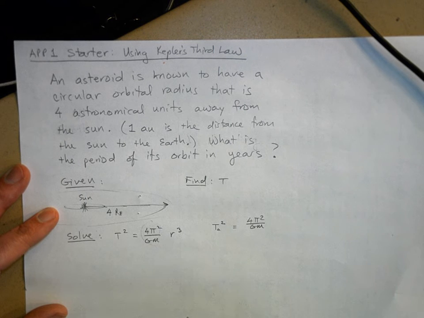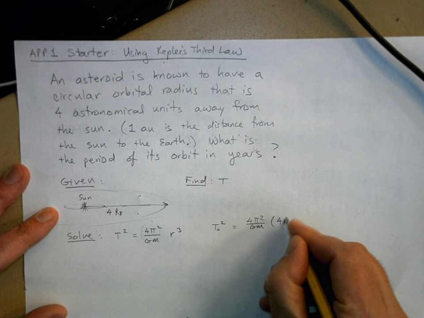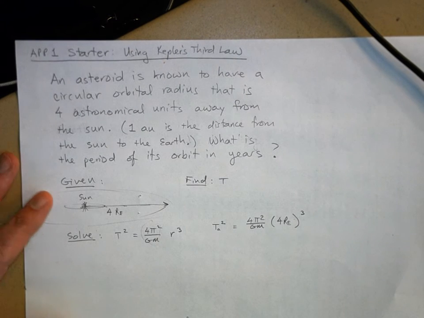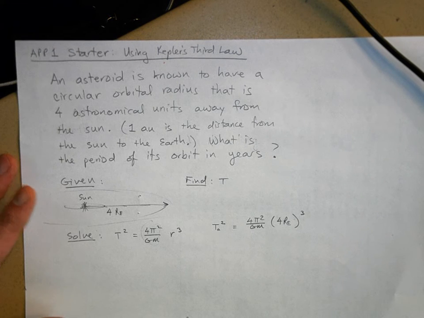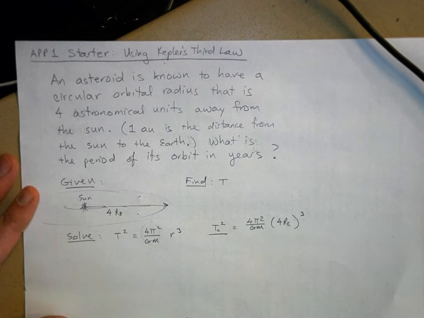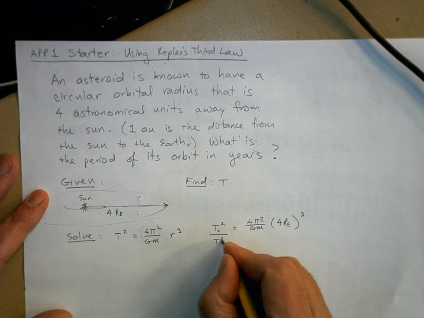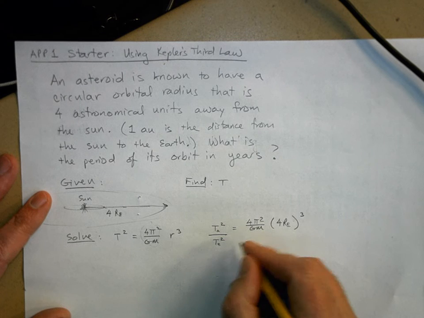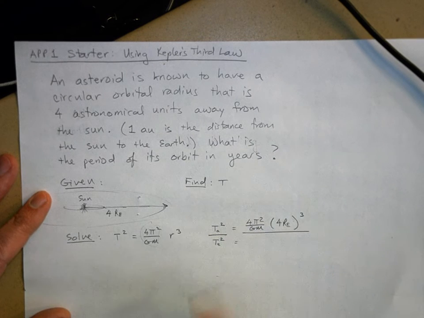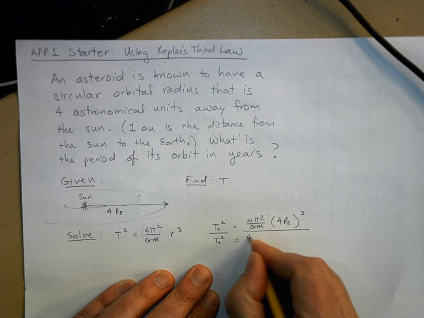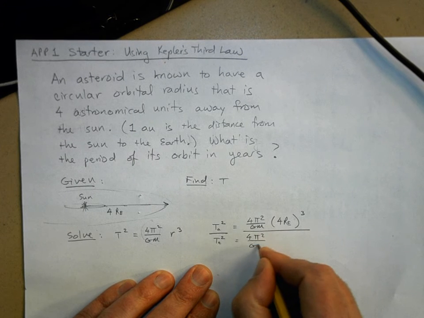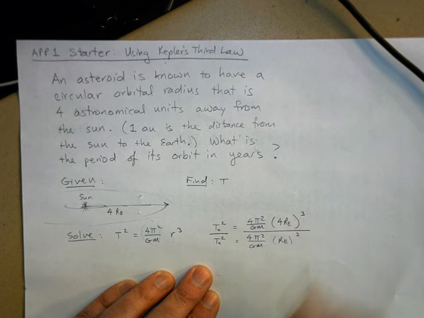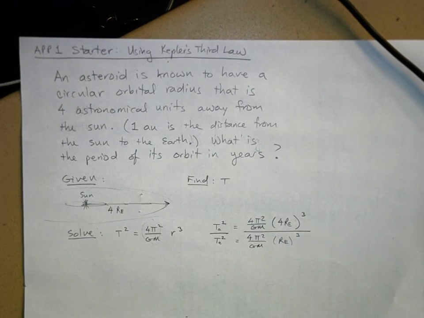But the radius of its orbit cubed is 4 times the radius of the Earth's orbit, cubed. Now, I'm going to divide that by the period of the Earth squared, T sub e. What is that equal to? That's equal to 4 pi squared over GM times the radius of the Earth's orbit cubed, again the radius of the Earth's orbit, not the planet.